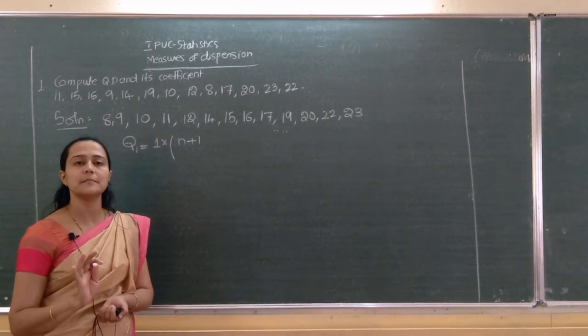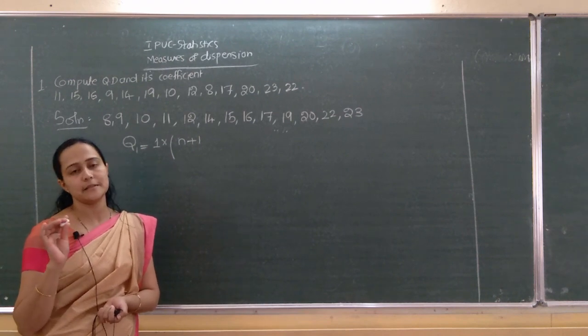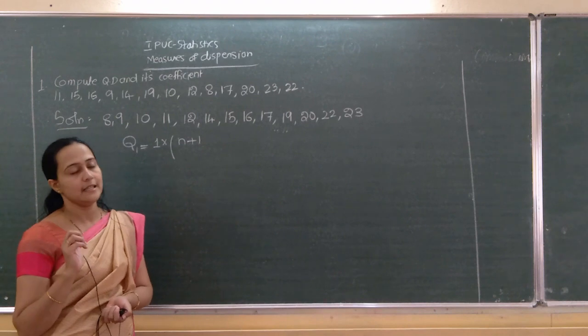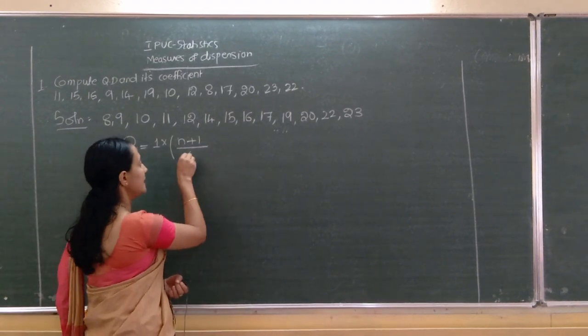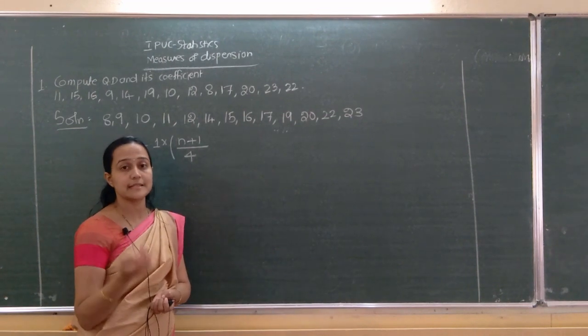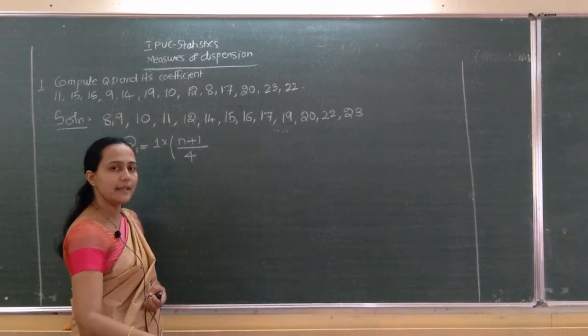If frequency comes in, you have to write capital N. For ungrouped data the frequency doesn't occur, so it is a small n. We know that quartiles divide the given distribution into 4 equal parts, so it is divided by 4.